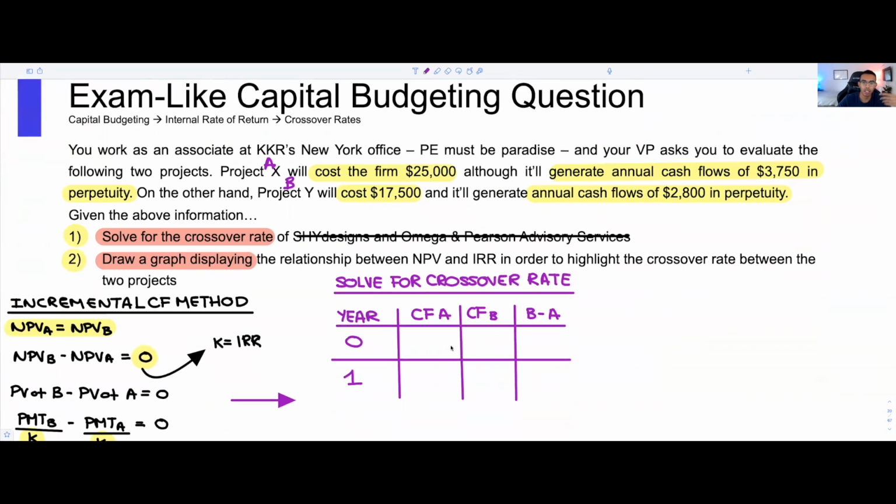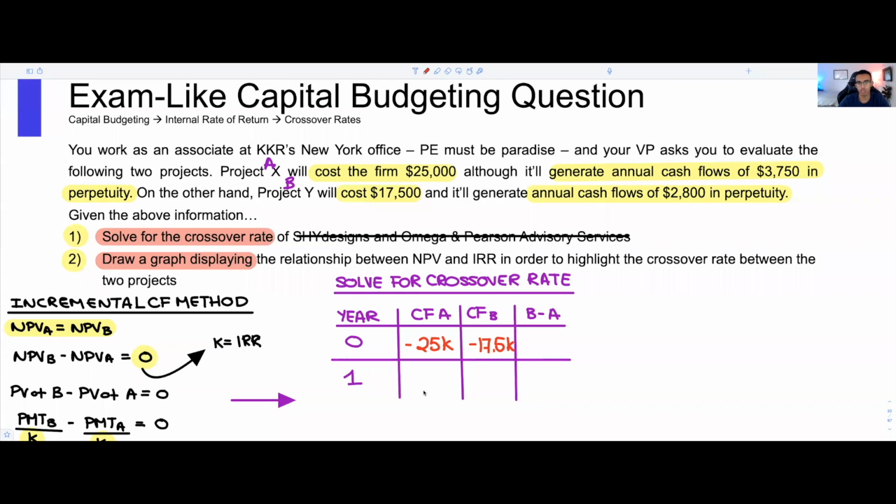Project A's initial investment, the cash flow at year 0, is $25,000, so 25K. For project B, I'll put different colors so it's easier to read, we're going to have minus 25K here and minus 17.5K here.